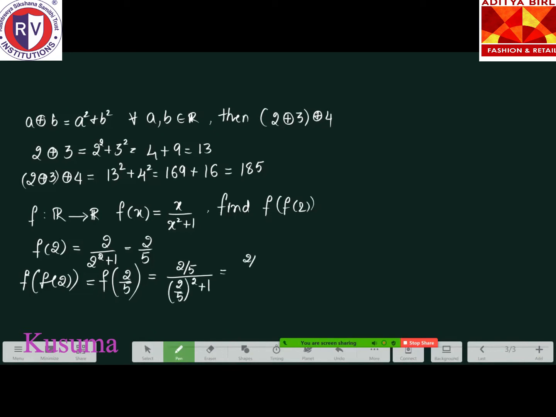So this is 2 by 5 in the numerator divided by 4 by 25 plus 1, which is 2 by 5 divided by 29 by 25. So this can be written as 2 by 5 into 25 by 29, right?